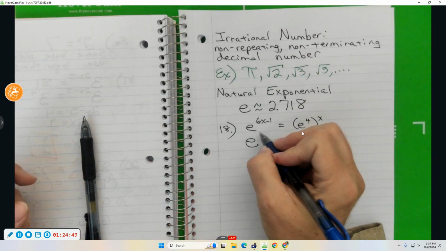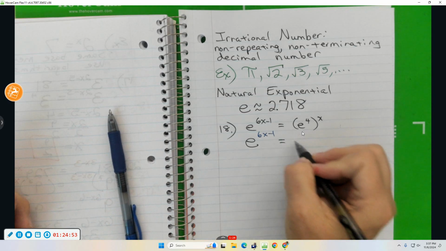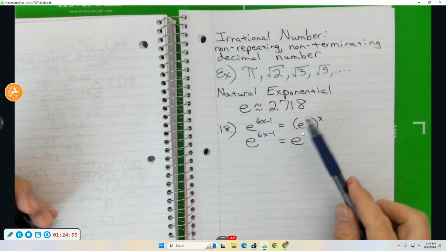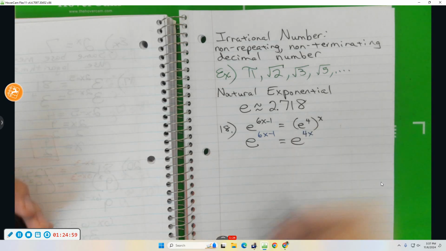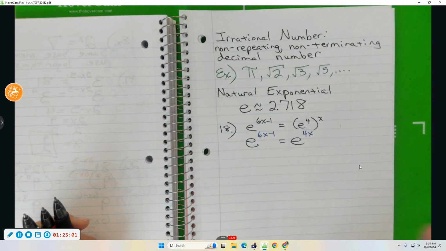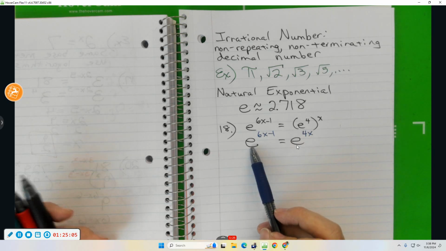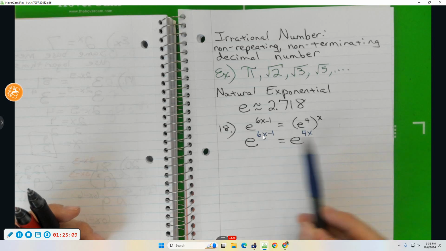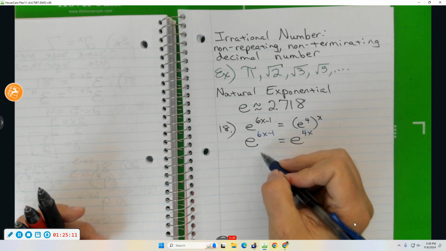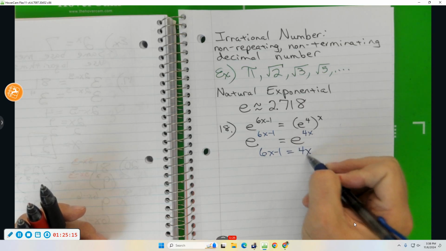You multiply, that's right. 4 times x is 4x. Now we have the same base on both sides, with no parentheses. You drop the base, set the powers equal. So 6x minus 1 must equal 4x.